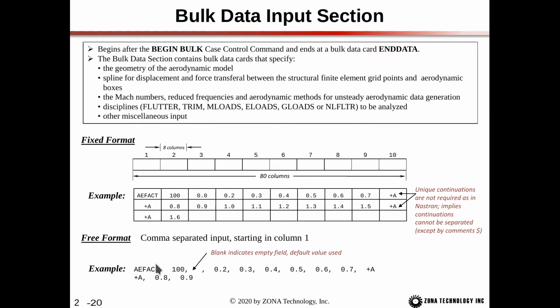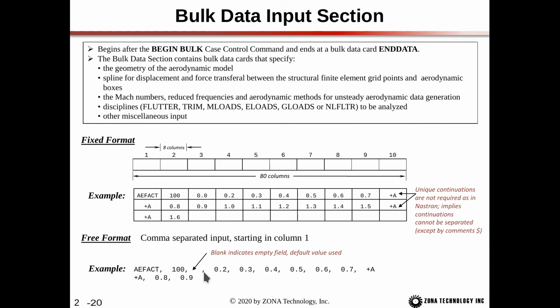Next, we have the free format, where you can ignore this whole lined up 8-column thing and just use commas to separate the fields. So in this case, we have AEFACT comma and then 100 comma. If we have a blank, which is not allowed for the AEFACT card, but let's say we had a bulk data card where blank is allowed, you just add an extra comma, and that signifies that we have a blank field.